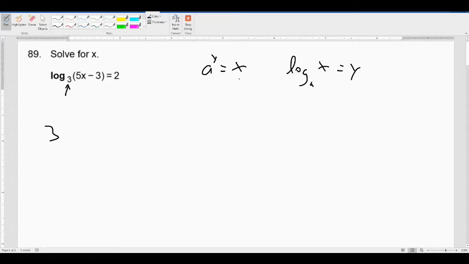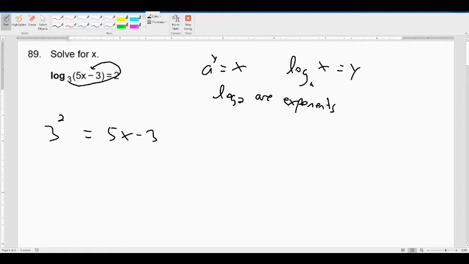And logs are exponents. So since 2 is equal to the log, that means 2 is an exponent. And then equals what you haven't used yet, which is the 5x minus 3. Now if you want to see it another way, start with the base, and then you go in a circle. 3 to the second equals 5x minus 3.